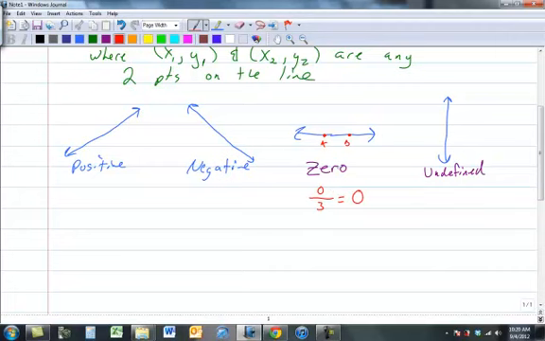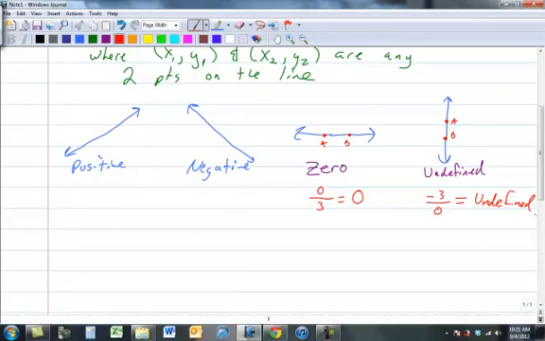So that's why this is a 0 slope. But undefined: to get from point A to B here, your change in y is, say, negative 3, and your change in x is 0. Negative 3 divided by 0, remember, when 0 is under, it's undefined.